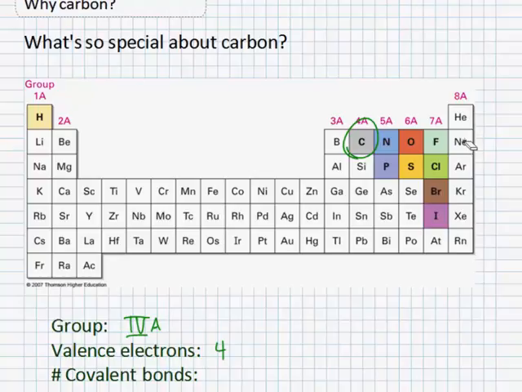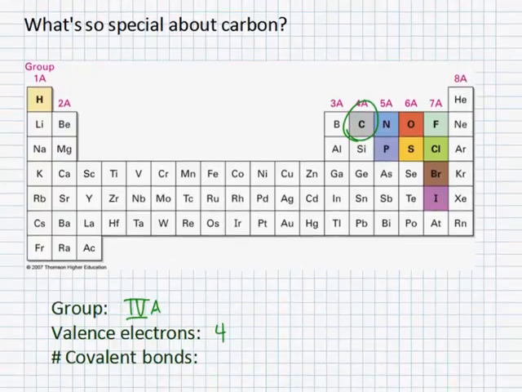All of these noble gases, at least starting with neon, argon, krypton, xenon, they have 8 valence electrons. That's a magic number that makes atoms stable. Carbon only has 4 valence electrons, so it needs 4 more. So it will actually bring in 1 valence electron from something else with every new covalent bond that is formed.